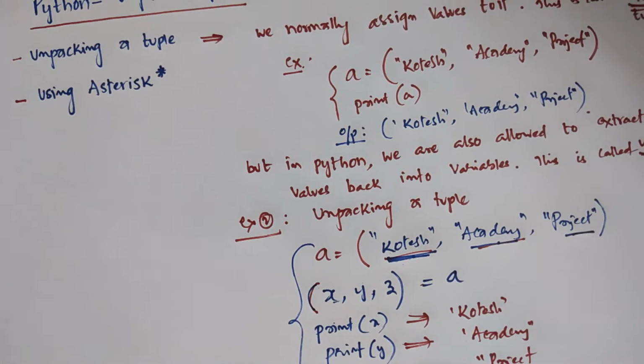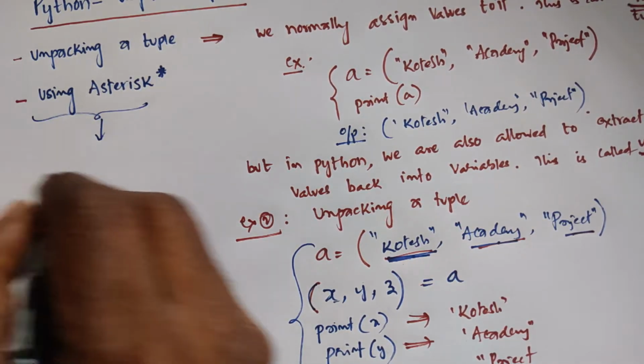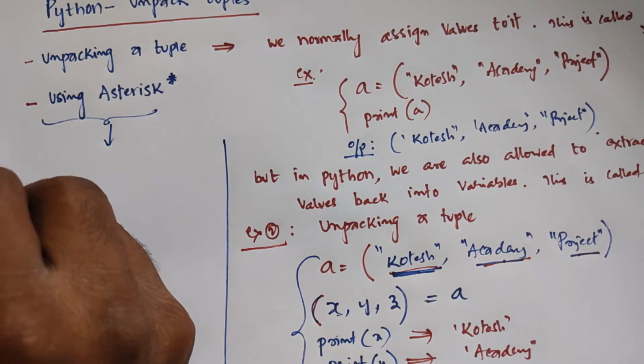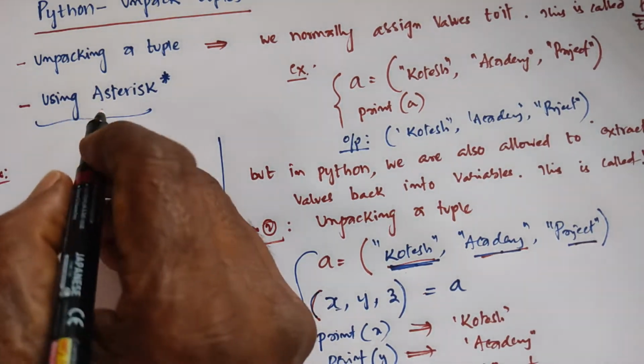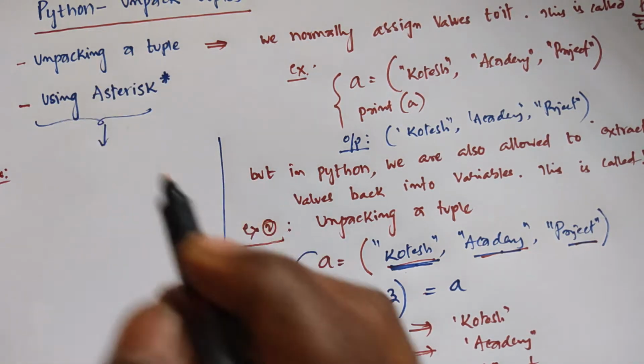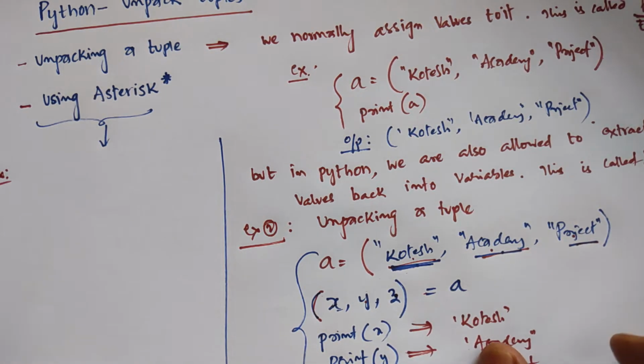Here is the example for the asterisk. We prefer the asterisk only if both are not matching. Here 3 items and here 3 variables. Sometimes the mapping does not match.